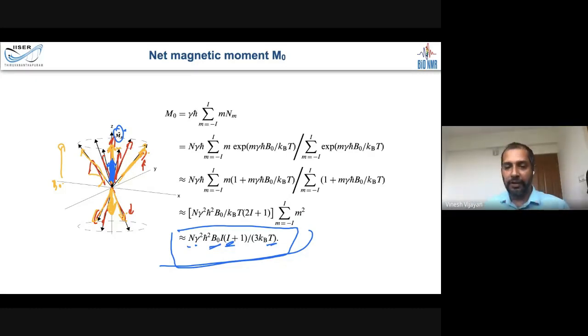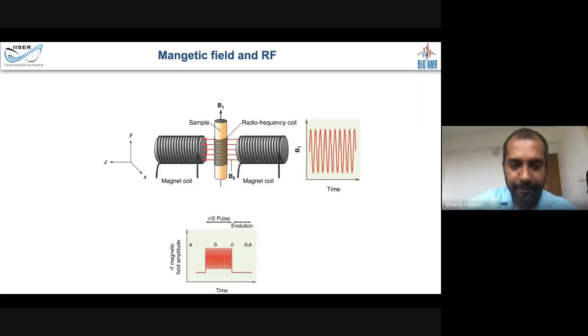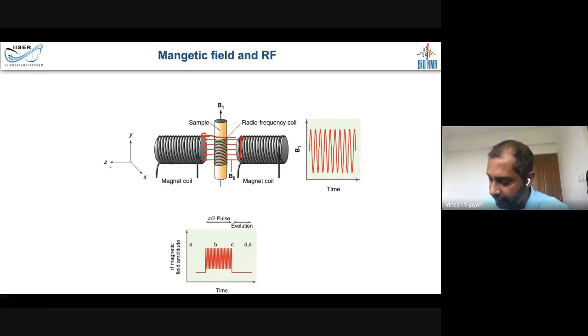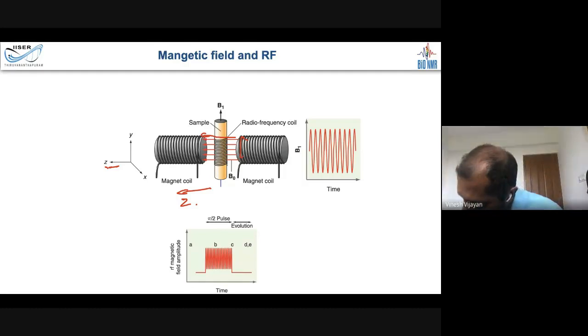This is now getting into the classical picture of NMR. What we have to do is apply a strong constant magnetic field in this direction. Let's say this is the z axis. Then this is a coil that is wound like that, and that is producing this B0 magnetic field.